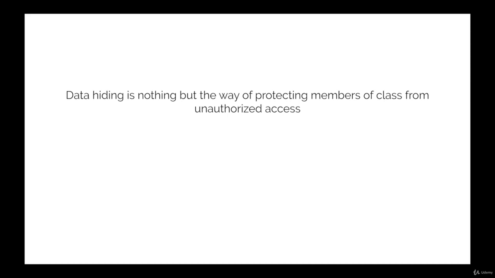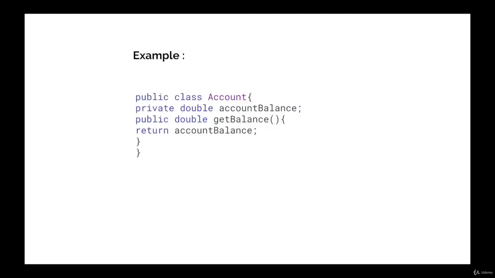Even if you consider the example of a bank account, you would want the account balance to be hidden from the outside world, and hence you have to make sure that account balance is hidden. Now here is how you implement data hiding in Java. Data hiding in Java is implemented with the help of the private keyword.